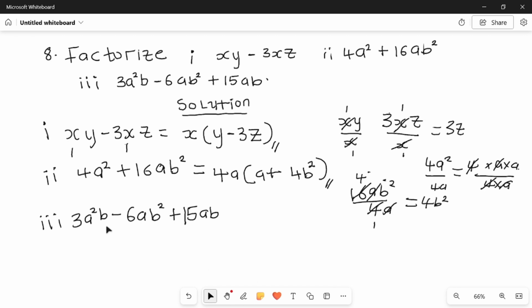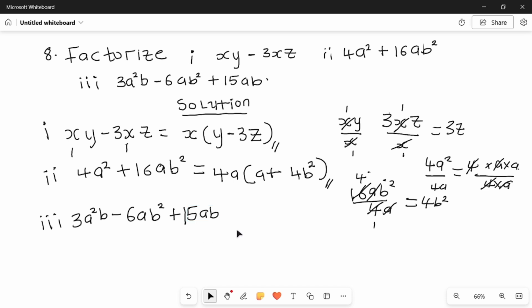So if we are to factorize this, if we check, a is here, b is here, a is here, b is here, a is here, b is here. So a and b are common. So let's check for the numbers. 3 into 3 here will give us 1, 3 into 6 here will give us 2, and 3 into 15 will give us 5.